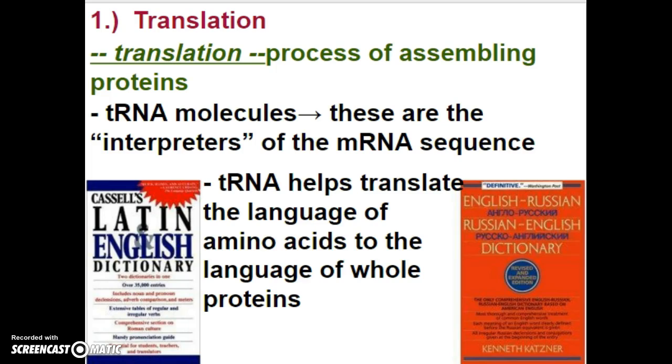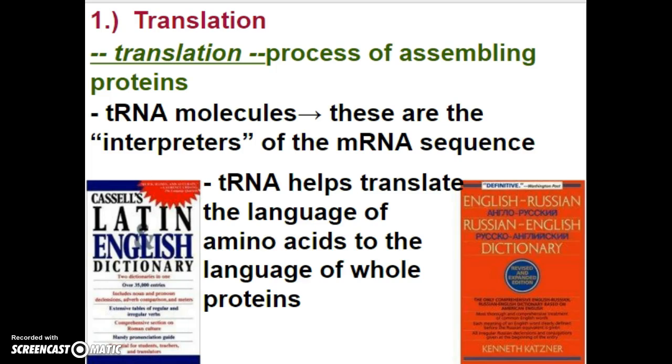So translation is the process of putting those proteins together. When you translate something, you're moving to a different language. And the language that's being transferred is the language of amino acids to the language of whole proteins. And the tRNA, the transfer RNA molecule, acts like an interpreter of the messenger RNA sequence.